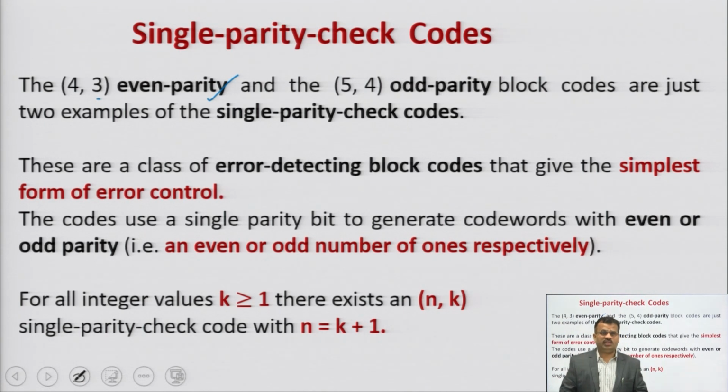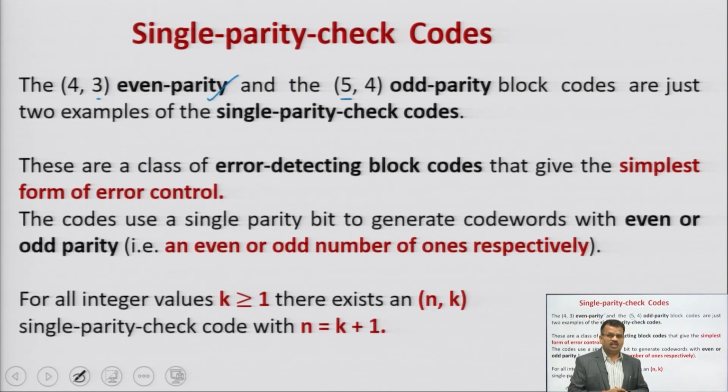So 4,3 even parity or 5,4 odd parity check codes. So 1 parity bit you can add here. So these are the examples of single parity check codes, like 4,3 even parity or 5,4 odd parity block codes.